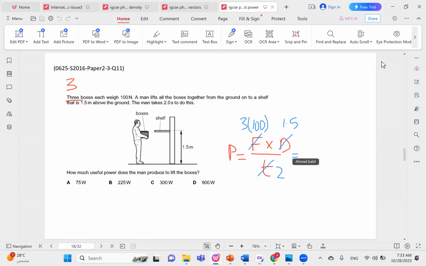So we can calculate the useful power as 300 times 1.5 divided by 2. And that gives us 225 watts. So the correct choice is choice B, because this calculation is equal to 225 watts.